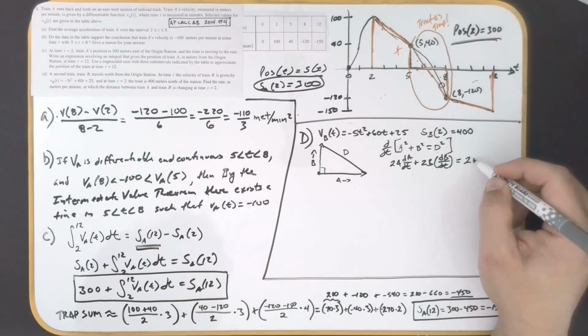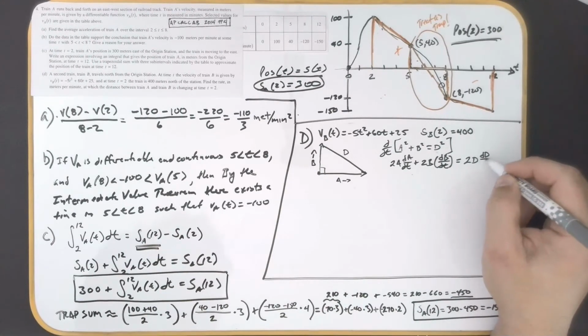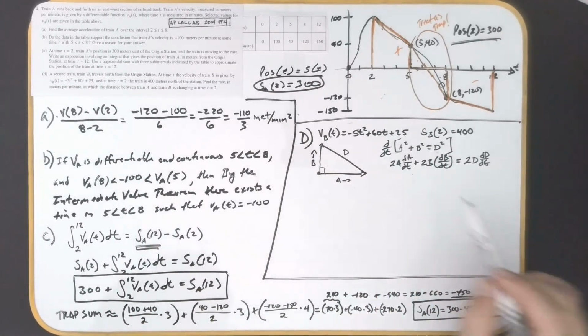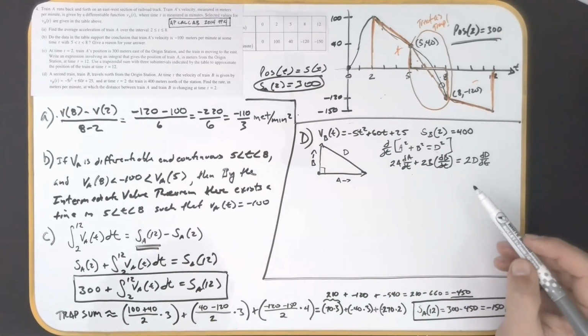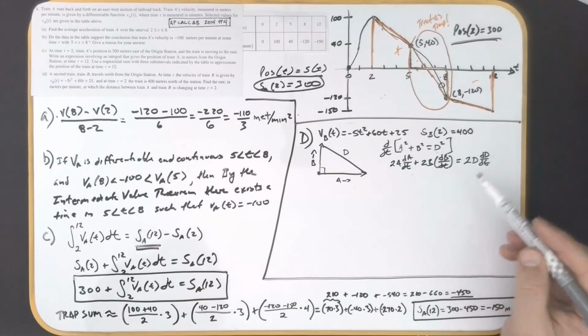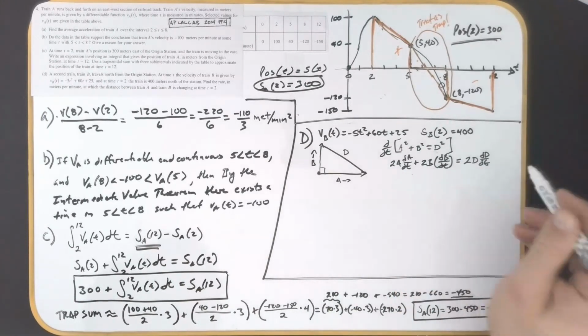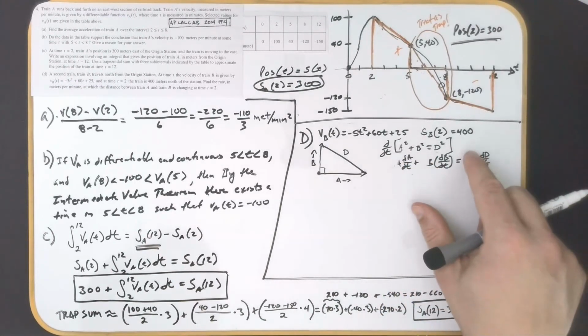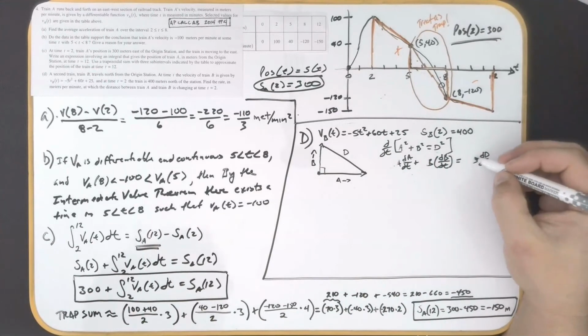Equals 2D dD/dt. So all I did was take the derivative of those with respect to t, so I implicitly differentiated those. Now the first thing I'm going to do, just to make these easy, is knock off the 2's. Just divide everything by 2. I don't need those there. It just makes the problem more complicated. Don't need them. So those are gone.